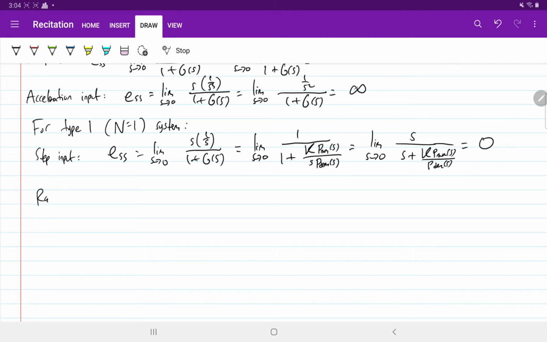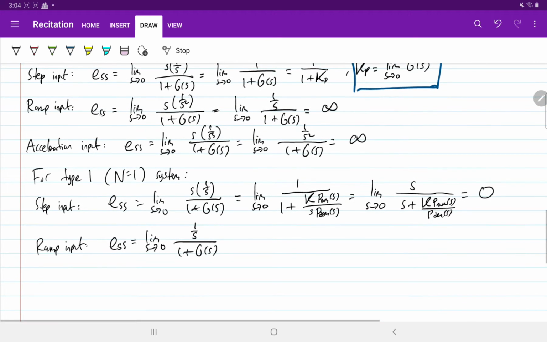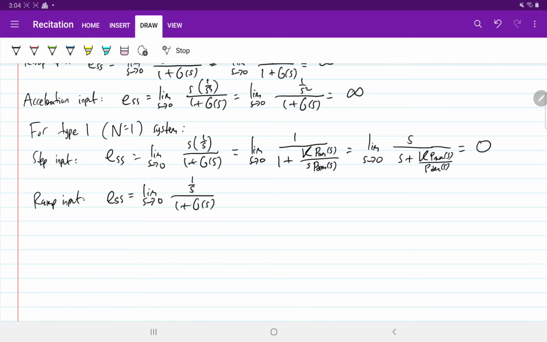For a ramp input, the steady state error is limit s to 0 of s times 1 over s squared over 1 plus g of s. Why 1 over s squared? Because the ramp is 1 over s squared, and s times 1 over s squared gives 1 over s.